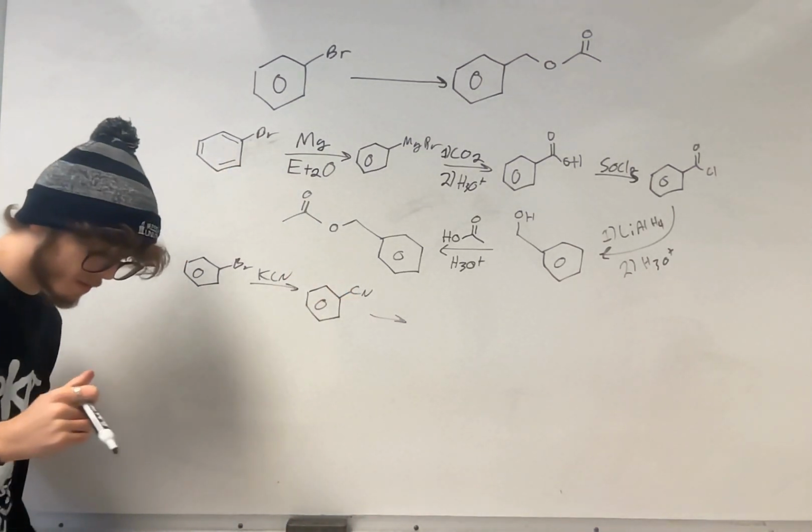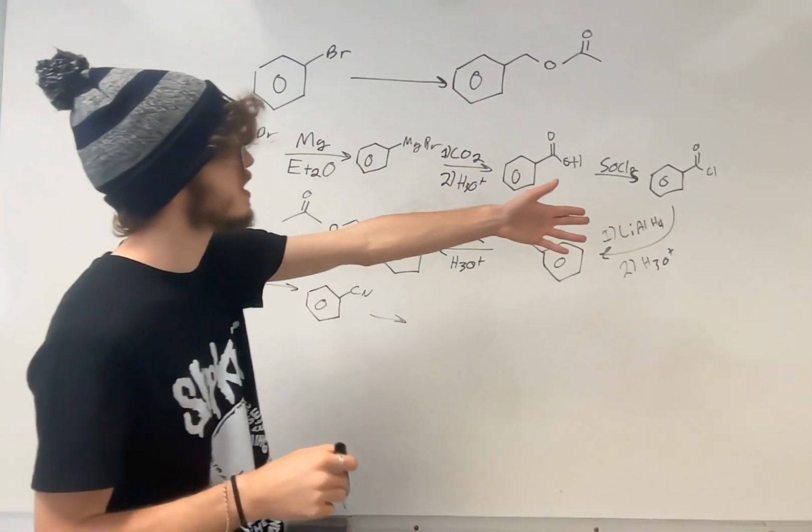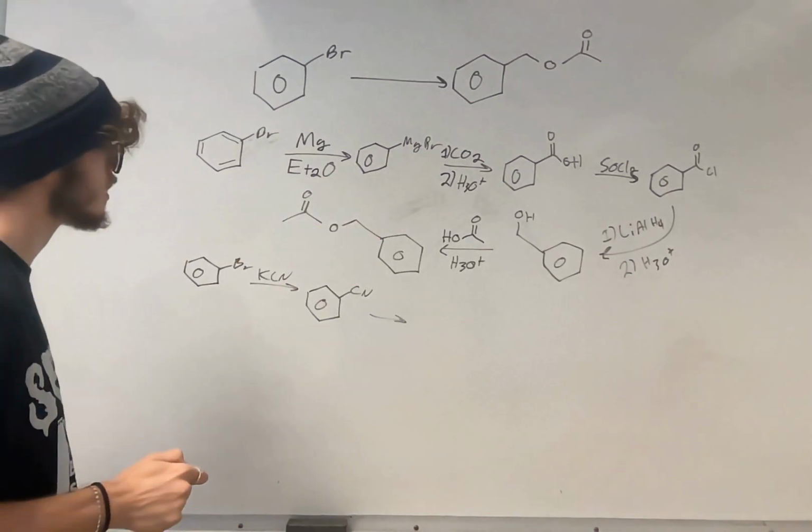Because I know if you make it NH2, well, you could go through hydrolysis again and get right to the carboxylic acid. That actually might cut out some of this, which would be good.